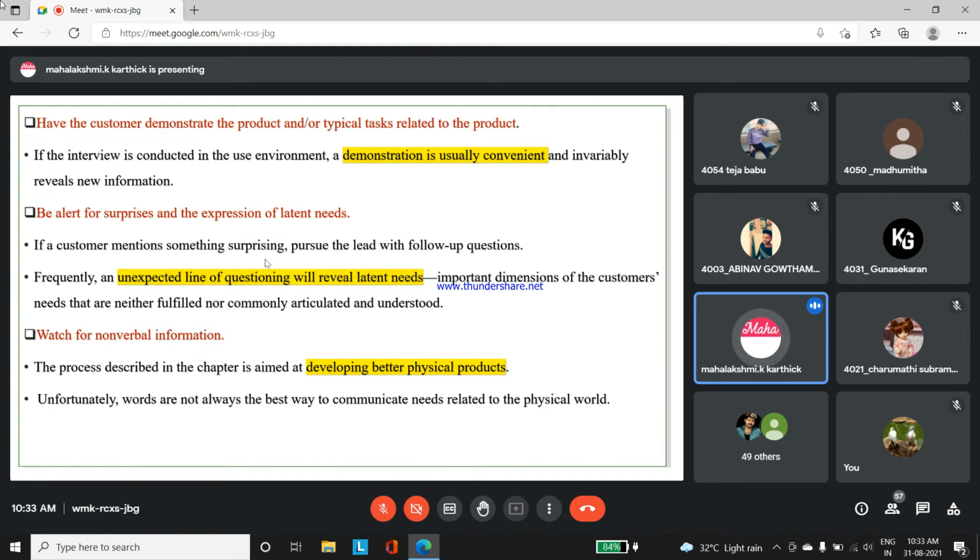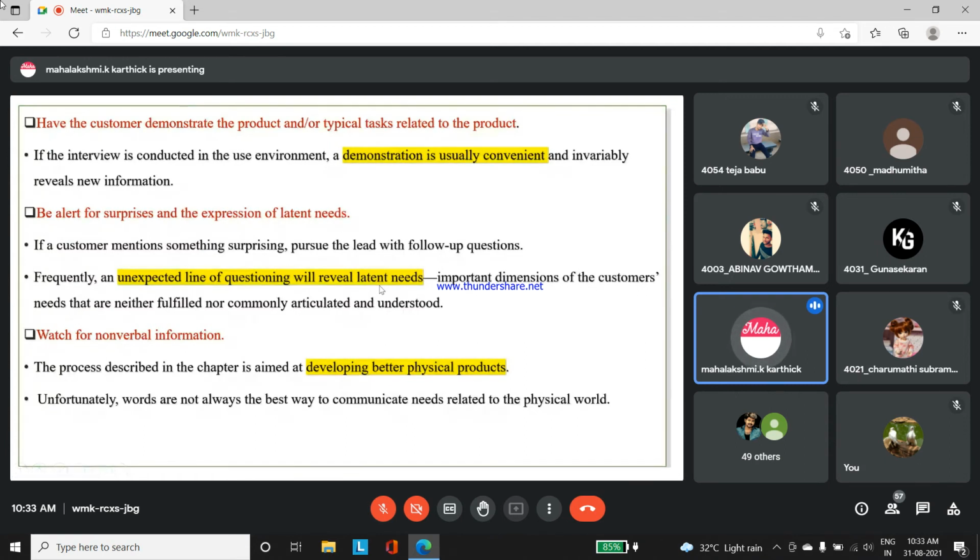You should be ready in facing those conversations. Okay, lead with follow-up questions. There is a chance of being asked all these questions, for example when they prepare for a meeting. We should be ready for this. It should not shock us. The interviewer should keep these things in mind. So frequently, unexpected lines of questions will reveal latent needs.